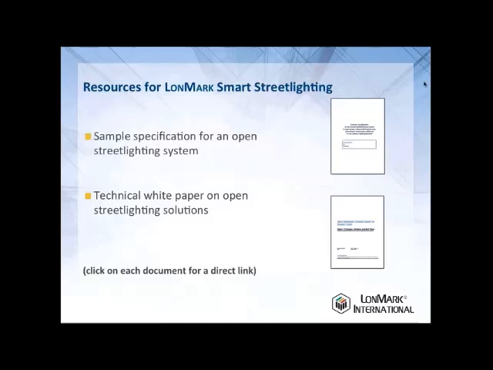So you can download that one and get inspired to write your own tender. And the second document is the technical white paper to explain what open streetlight solutions are and the benefits compared to any proprietary solution, and clarify also the outdoor lighting control market.